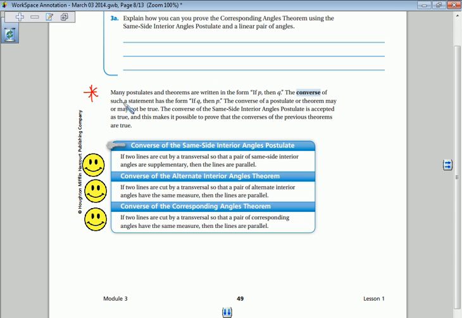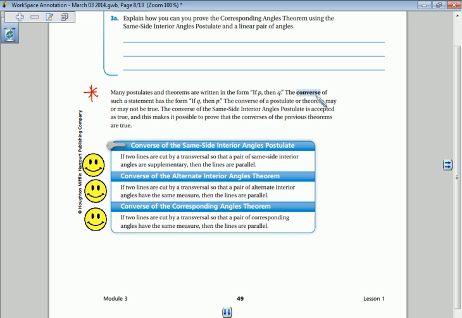Yeah. All right, so here it says many postulates or theorems are written in the if P then Q form, with if the hypothesis part, then the conclusion part, right? So, like if two parallel lines are cut by a transversal, then alternate interior angles are congruent, okay?